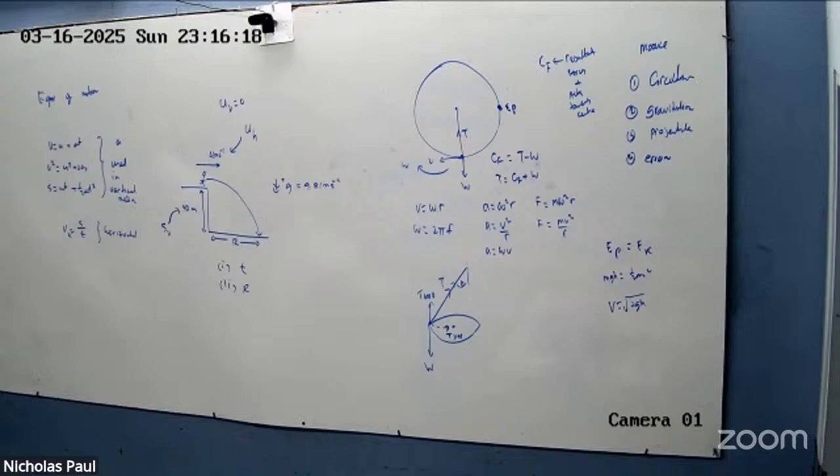And these formulas really is equal to the mass and v squared. No, we have this: centripetal force is any force, mass times acceleration.